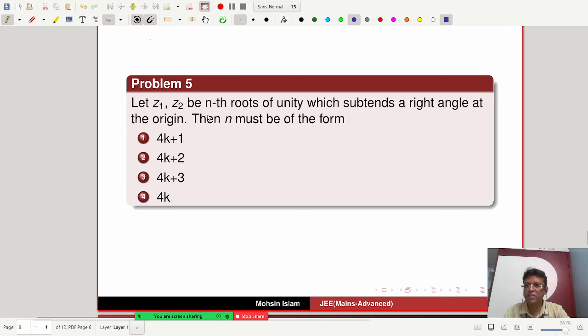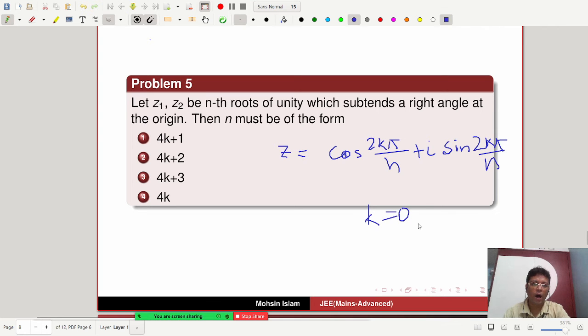So Z1 and Z2 be nth roots of unity. And you know that if z is an nth root of unity, you can write, from De Moivre's second statement, z equal to cos of 2k pi over n plus i sin 2k pi over n, k equal to 0, 1, 2, up to n minus 1.